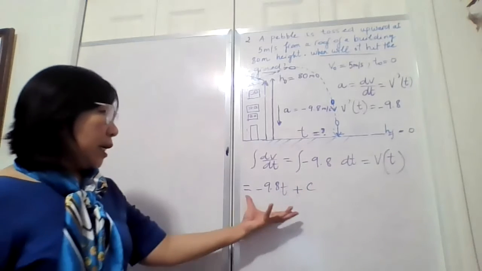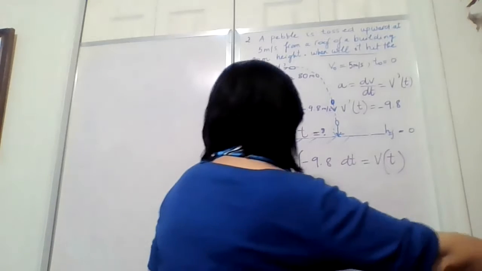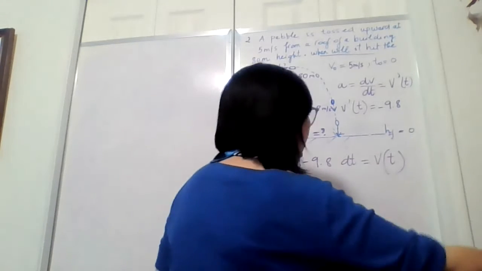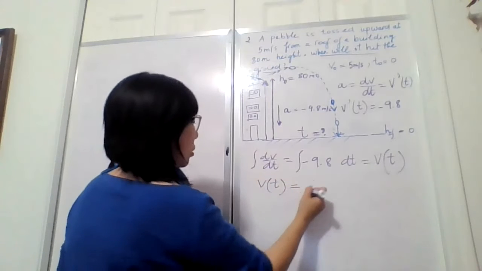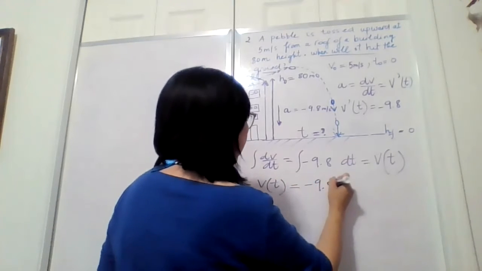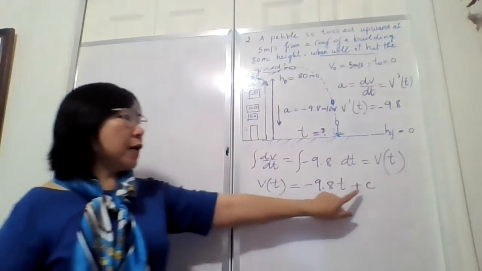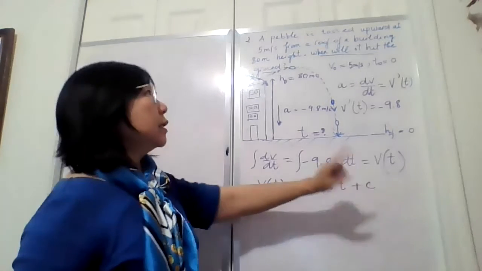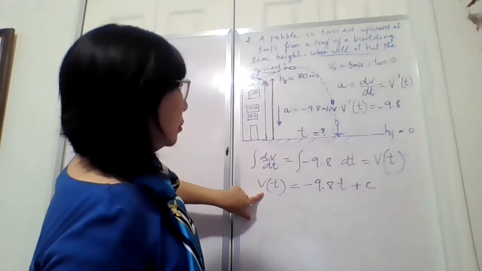Okay, so let me write out the name of this equation so we're not confused. The velocity equals minus 9.8 t plus c. Is there any way we can find out the c value in here?